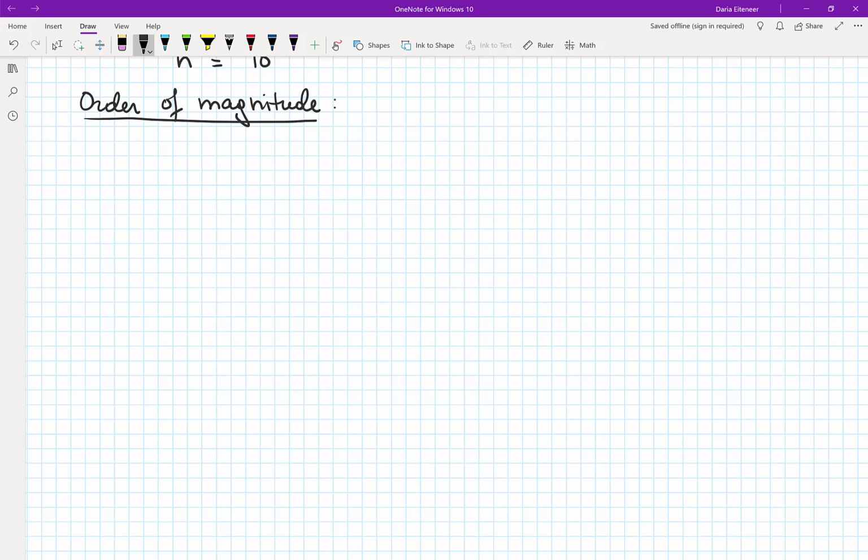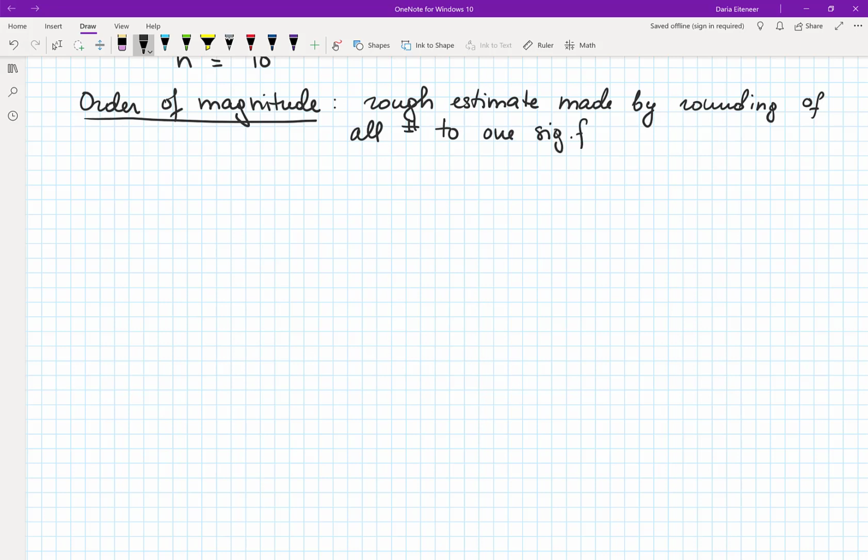So order of magnitude is a rough estimate made by rounding off all numbers to 1 sig fig. And then of course you can have zeros and stuff after that, right? Because trailing zeros don't matter.